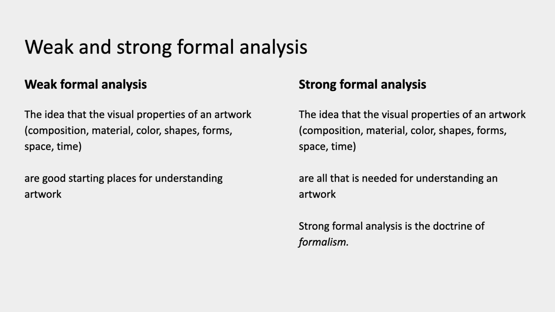There have been times in 20th century art, especially in modernism, when people have felt that formal analysis basically is the entire articulable or the entire meaningful or significant part of an artwork, and it's not necessary to talk about the politics or the social context or anything else. That idea that strong formal analysis is sufficient to understand an artwork is the doctrine of formalism.